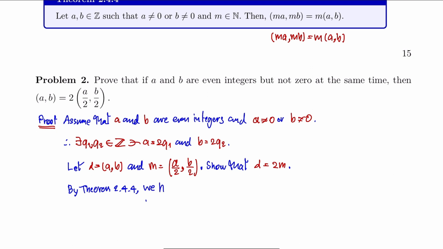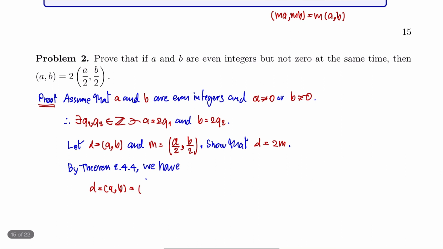We're going to have d, which is the greatest common divisor of a and b, and then we are going to write 2q1 and 2q2, and use theorem 2.4.4. So we get 2 times the gcd of q1 and q2. What are q1 and q2?